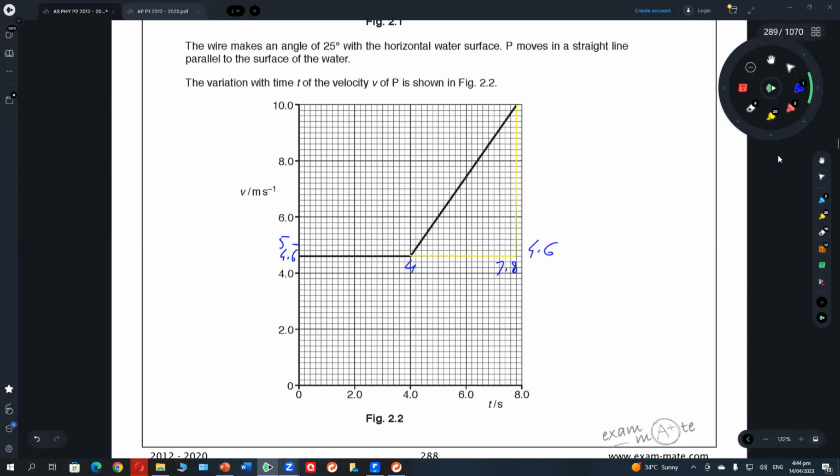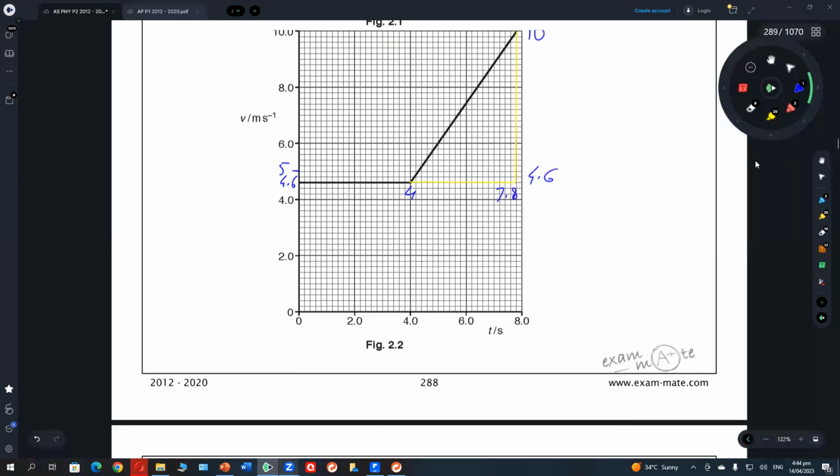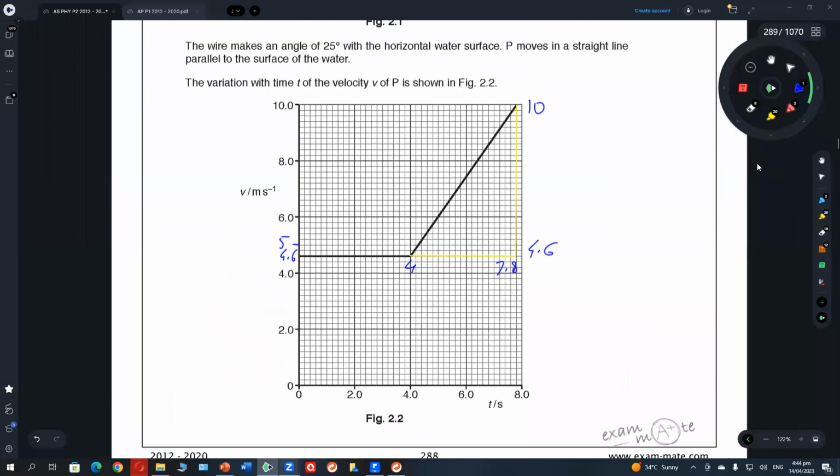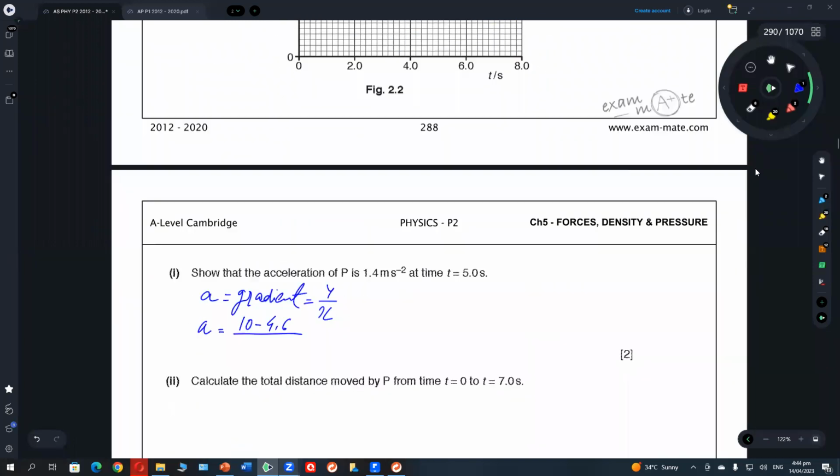4.6 and 10. So now I have marked all the values, so I can go for the gradient: 10 minus 4.6, over 7.8 minus 4.